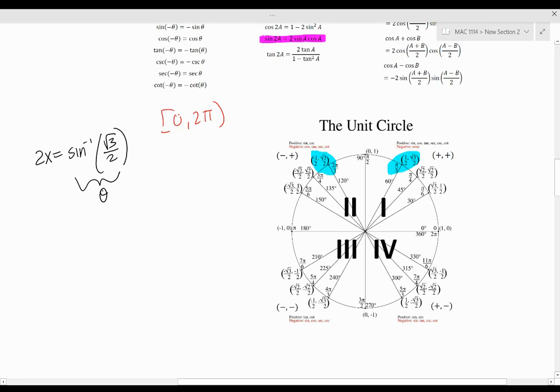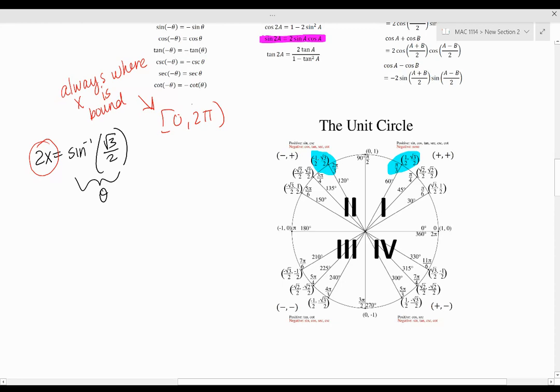This interval that they give you is always where x is bound. That's your domain, okay? Now, for this problem, not only are we concerned with x, we're concerned with 2x, so it's like we doubled x. So we also have to double where x is bound.